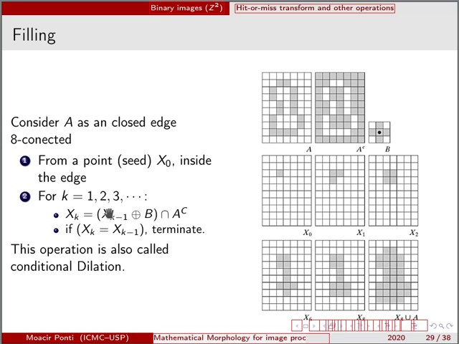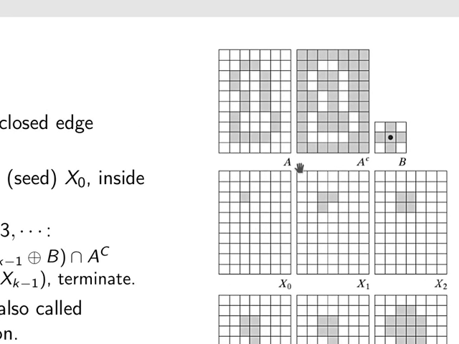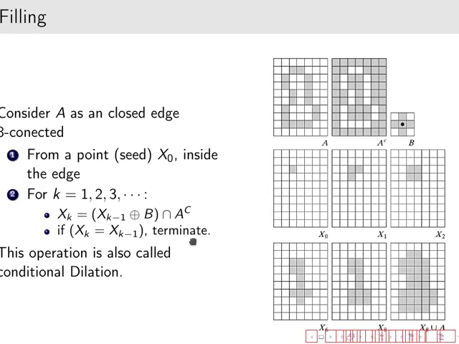Then for every value of k, we dilate the initial element and take the intersection with the complement of A. Note that if I just dilate this point here, I would obtain all 4 elements. However, because I take the intersection with the complement of A, I just have those 3 ones here that are contained within the object. And then we keep doing that.